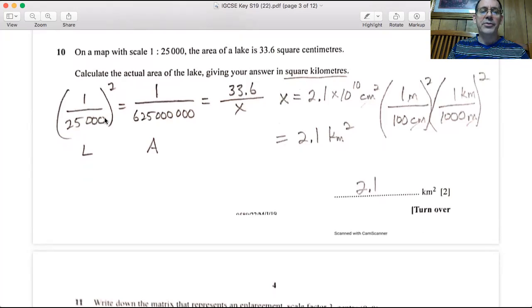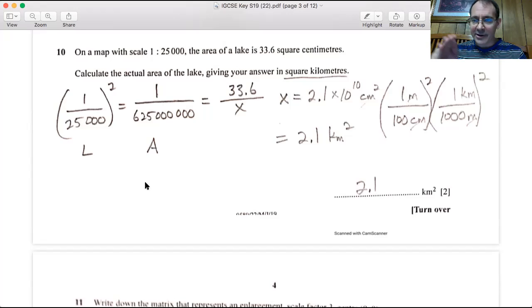So we're going to start with the ratio. Again, there's 3 things that you want to pay attention to. 1 is the ratio. 2 is the dimension, that is linear, area or volume. And the third thing is the units that you need to be in. So we'll start with the ratio 1 to 25,000, and we need to get it from linear ratio into square centimeters, which is area.